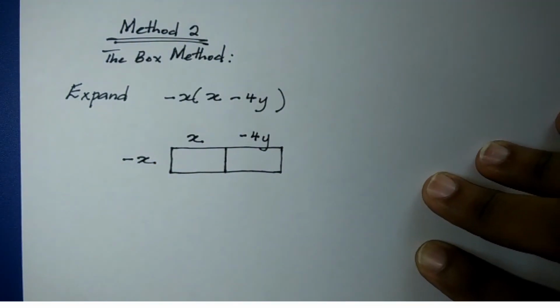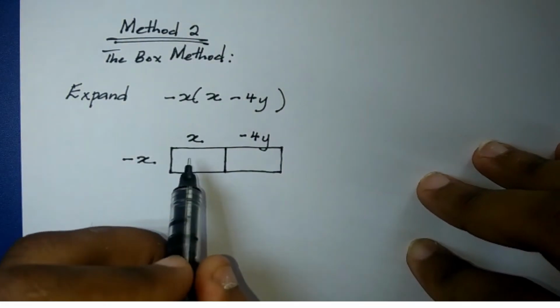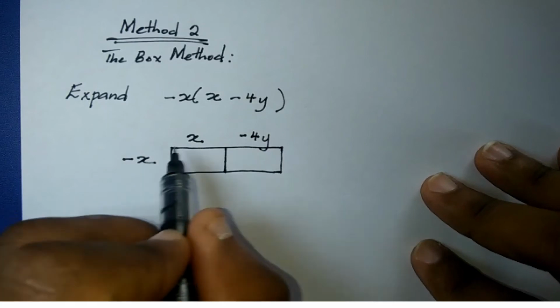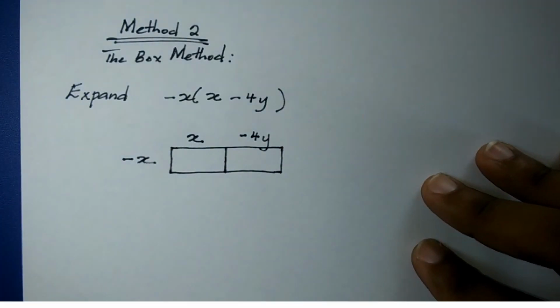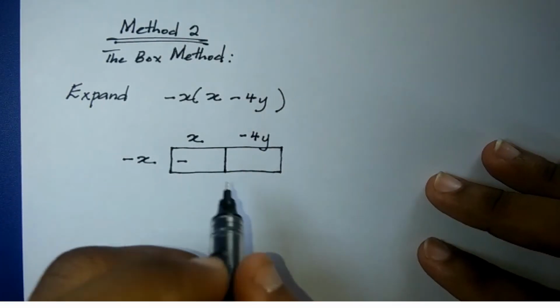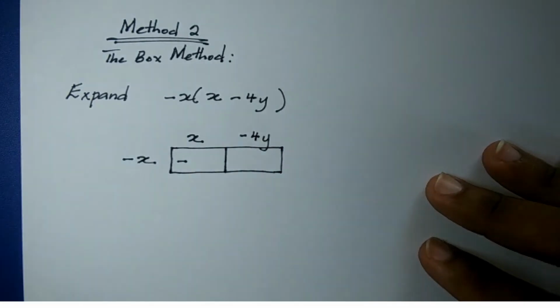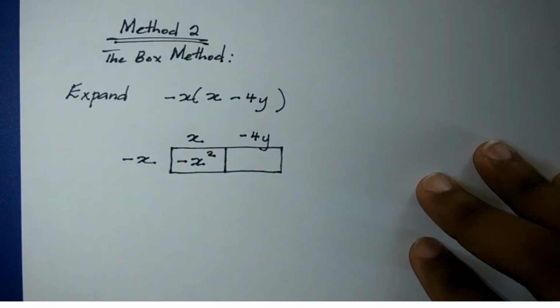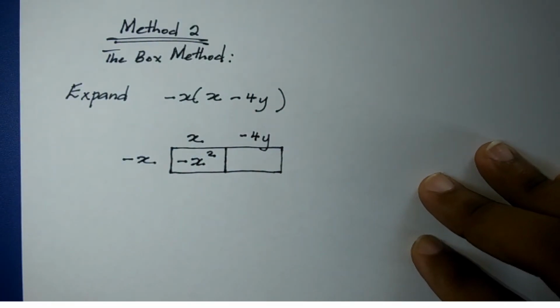Now remember, what goes inside the box is the product of what's on the outside. So negative times positive gives me what? Negative. And x times x gives me x squared. So x squared is saying that I'm multiplying x by itself basically 2 times.